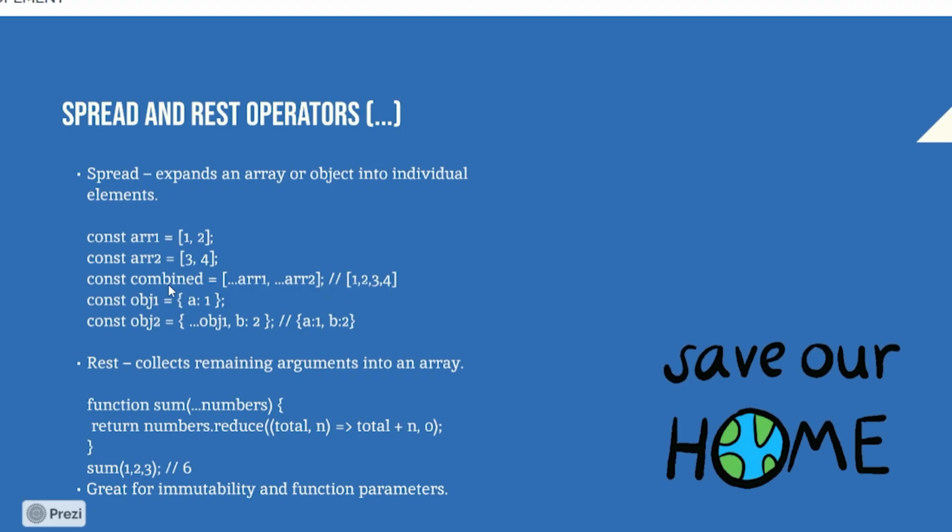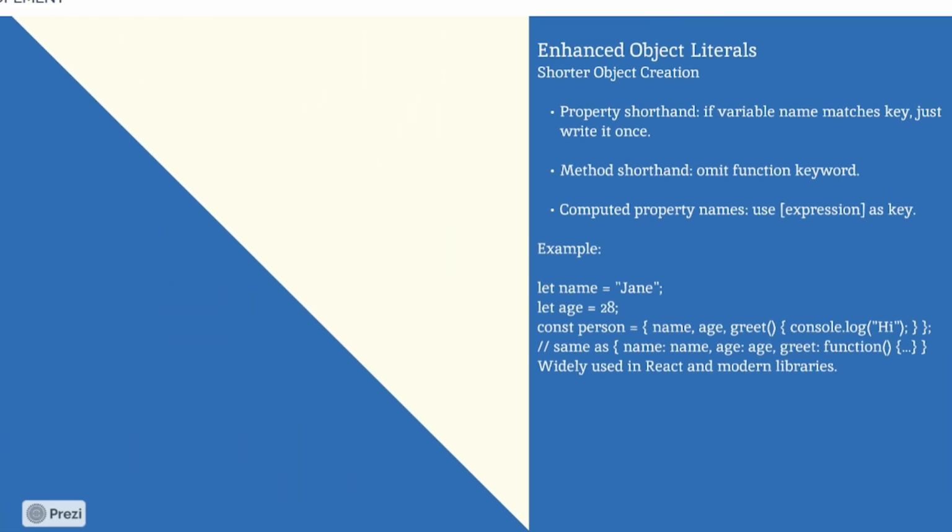In the real world, we commonly use spread operators for copying arrays, merging objects and updating state in our React project.